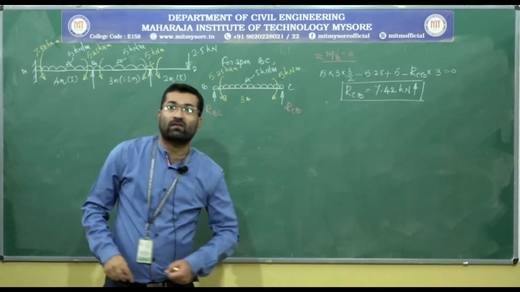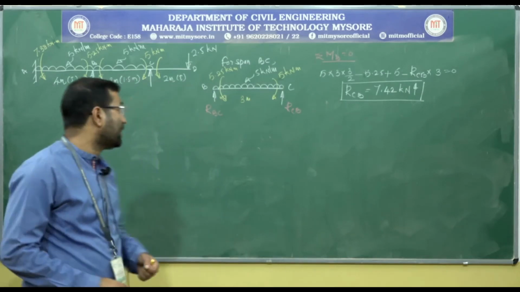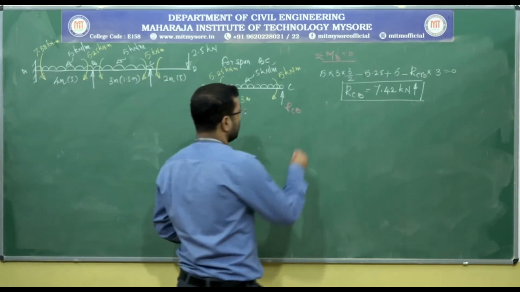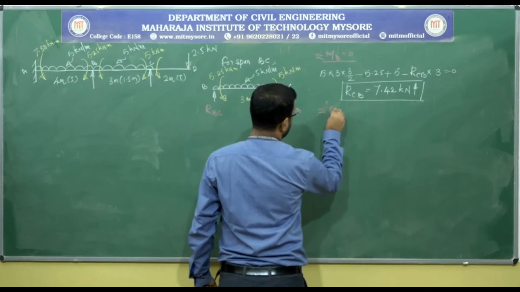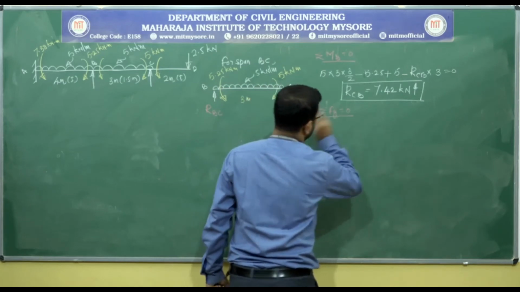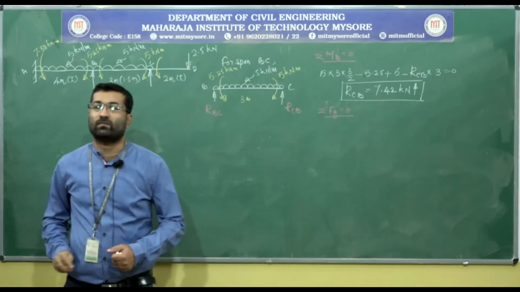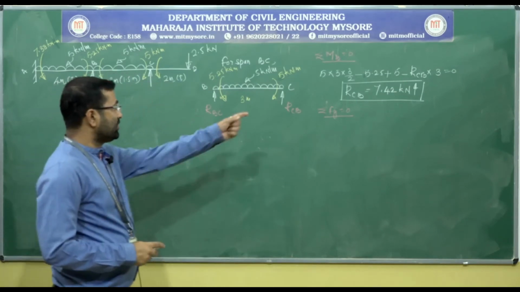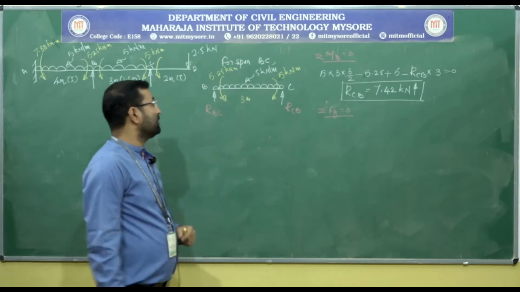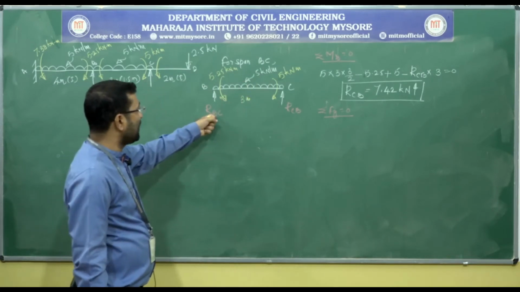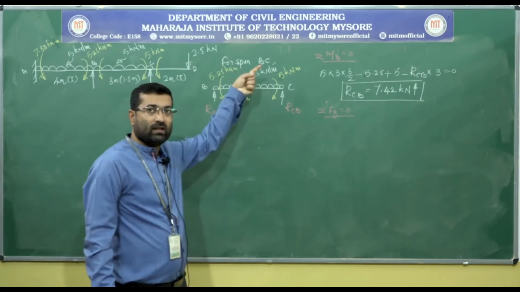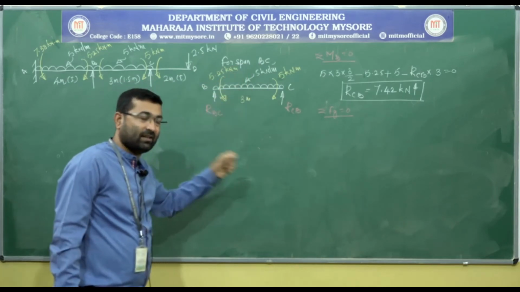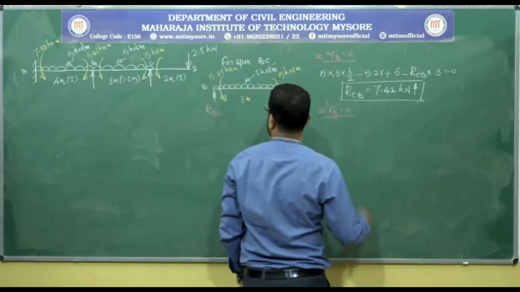Similarly, I need to determine one more support reaction, RBC. To determine RBC, let me impose one more equilibrium condition, that is, the algebraic sum of vertical forces must be equal to 0. If I impose this equilibrium condition on this free body diagram, you can see RBC and RCB are acting vertically upwards, whereas this 5 kilonewton UDL is acting vertically downwards.